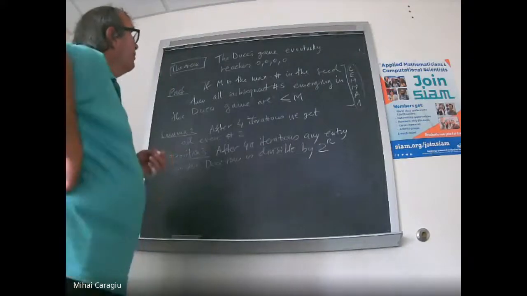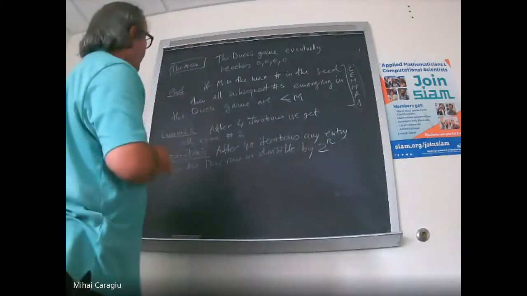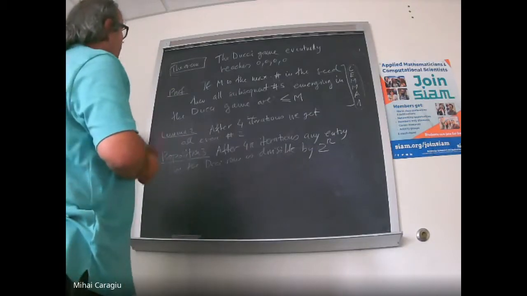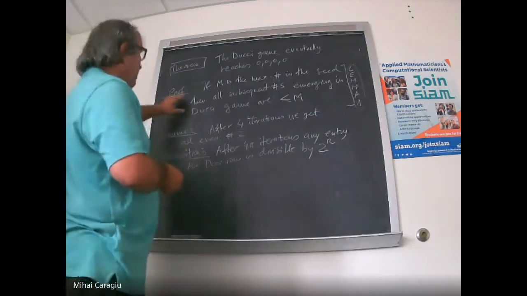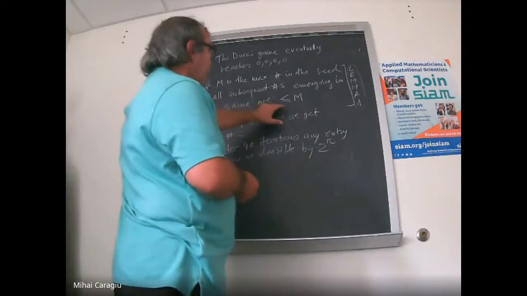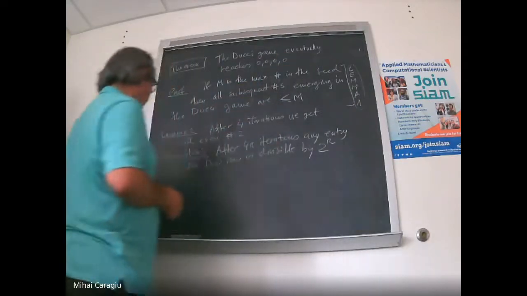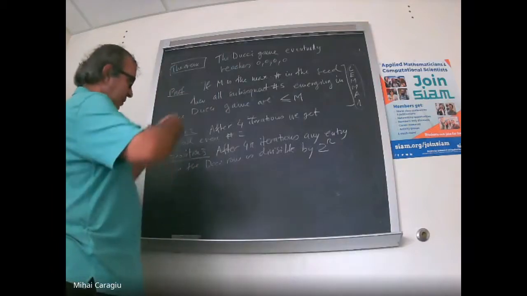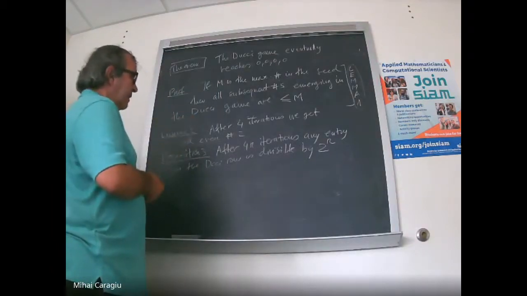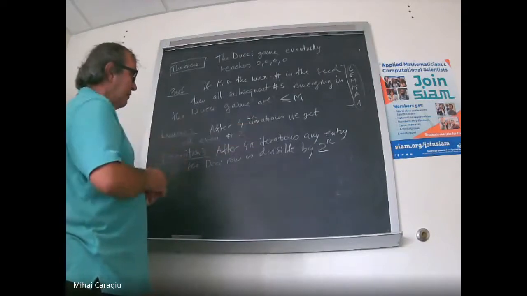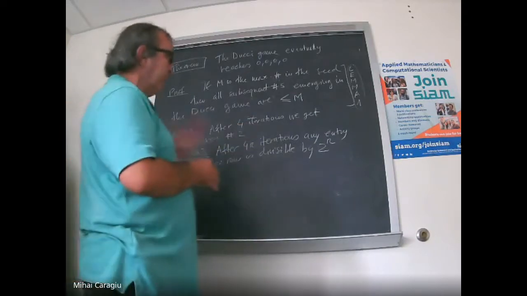Okay, so let's try to put together everything we got so far to get a conclusion. For one, we know that all the numbers in the Ducci game are bounded from above, so all of them are at most n. On the other hand, as we move on in the Ducci game, the numbers in subsequent rows are divisible by bigger and bigger powers of 2.